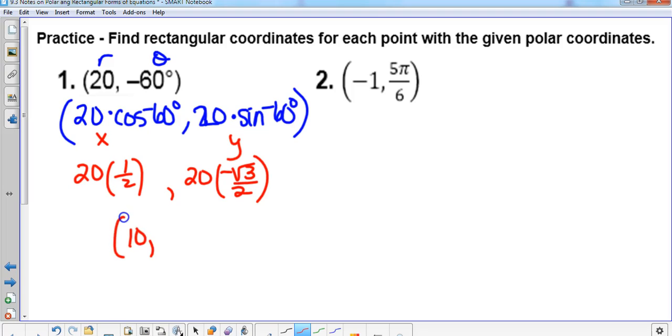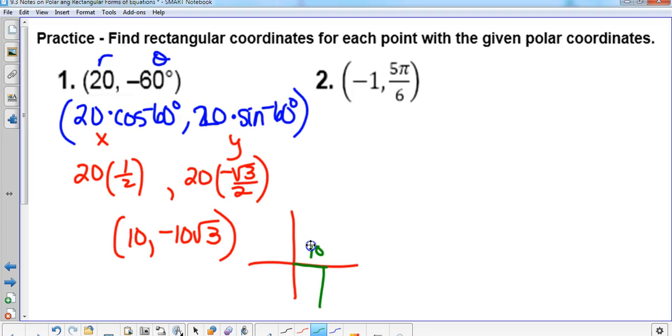Half of 20 is 10, and half of 20 square roots here, we're going to have negative 10 square roots of 3. Okay. Revisit your geometry self. Does over 10, down 10 square roots of 3, out 20 and 60 degrees look like a special right triangle that should work?